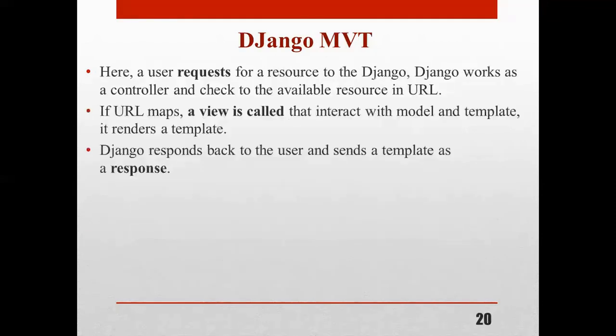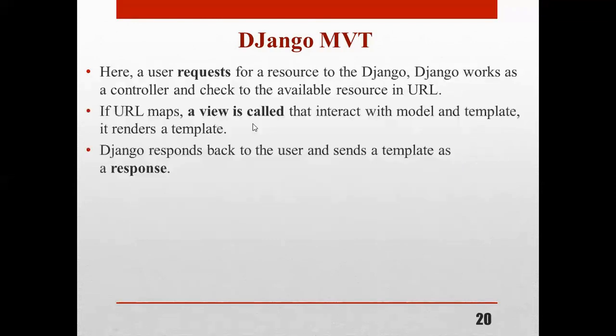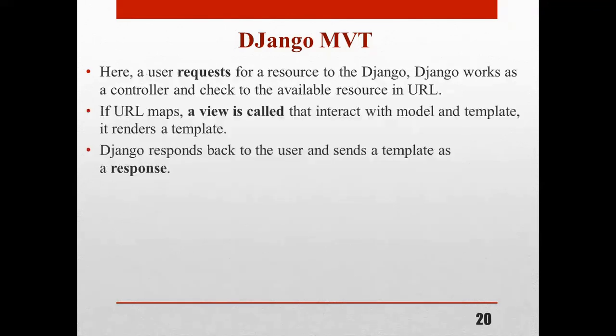Django works as the controller here. It will check the availability of the resource from the URL. If the URL maps to a view, the view is called and interacts with the model and the template.